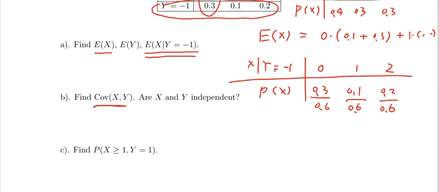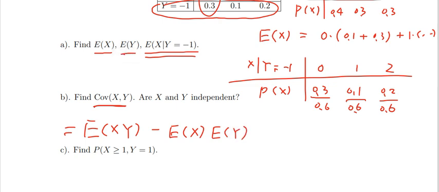Covariance, according to the definition, equals E[xy] minus E[x] times E[y]. So here we already found E[x] and E[y]. How do we find E[xy]?